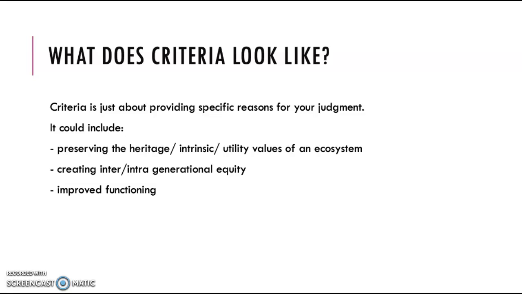It might be a helpful strategy because it improves functioning, or it might be a damaging strategy because it damages functioning. So really you're just putting some sort of caveat, some sort of reason behind your judgment, and it needs to be specific to this topic. Other topics you do in geography might have other criteria, other subjects you do might have other criteria, but this is some good criteria for this topic.